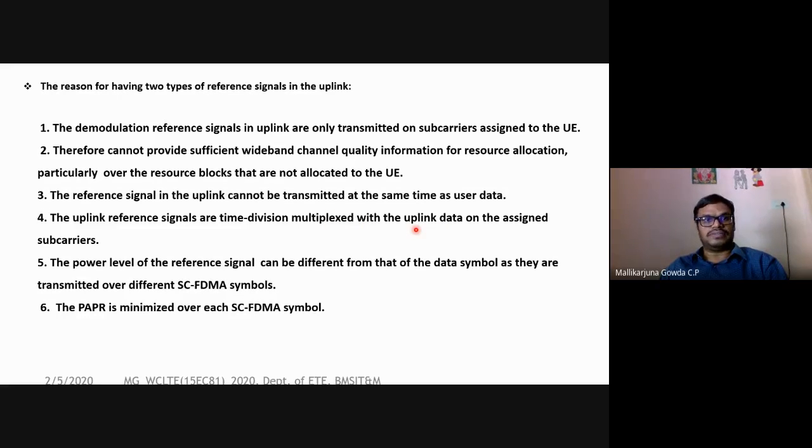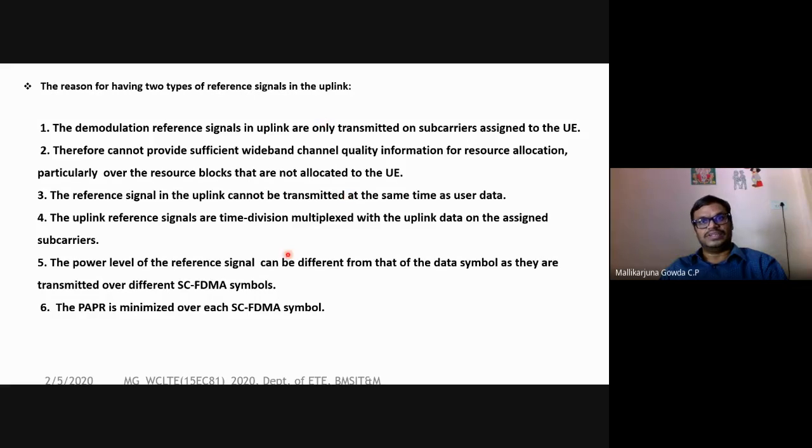So the power level of the reference signal can be different from that of the data symbol, as they are transmitted over different SC-FDMA symbols. That will make the PAPR to be minimized over each SC-FDMA symbol.